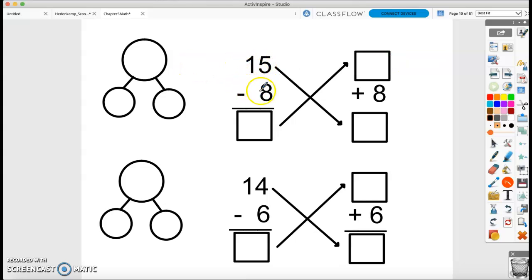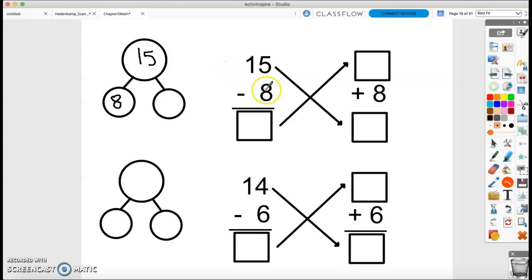15 minus 8. So we're going to use our subtraction. We're going to subtract, and then we're going to figure out if we got it right with addition. So I know 15 is my total. I know 8 is one of my parts.